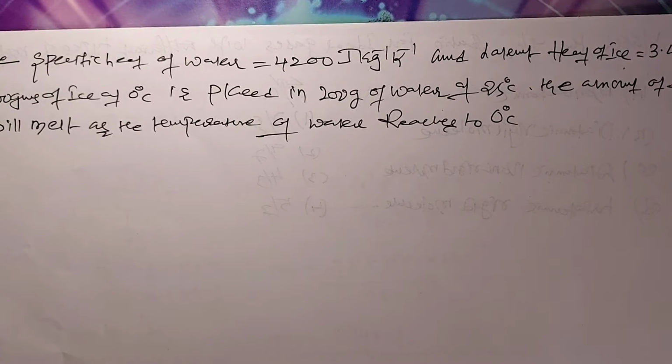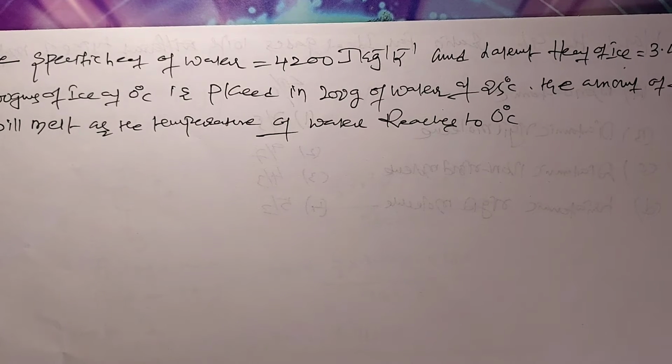Okay, next question. The specific heat of water is 4200 joule per kg per Kelvin, and the latent heat of ice is 3.4 into 10 to the power 5 joule per kg. 100 grams of ice at 0 degrees centigrade is placed in 200 grams of water at 25 degrees centigrade.